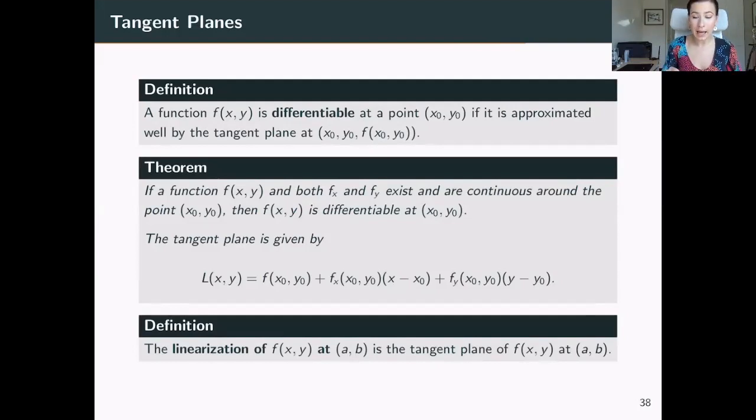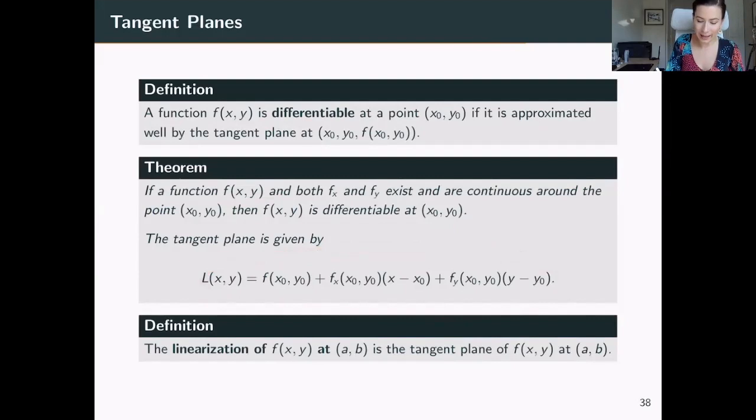If we have a function, f of x, y, where both of our partial derivatives exist and are continuous around that point, so if we can find partials in both traces, then the surface is differentiable and that tangent plane is going to be given by the following equation.